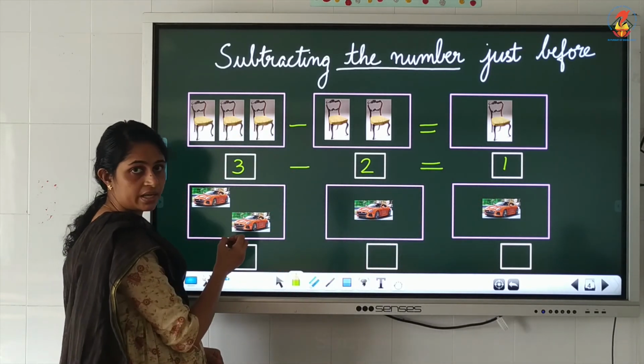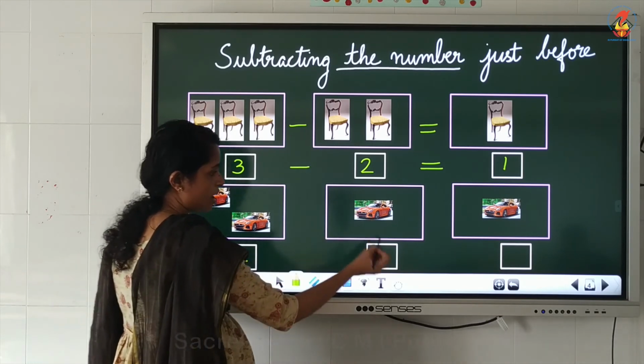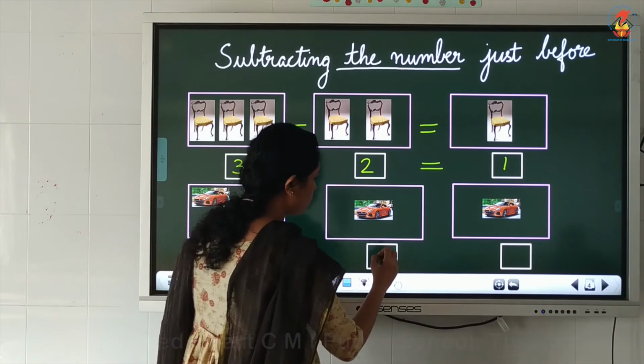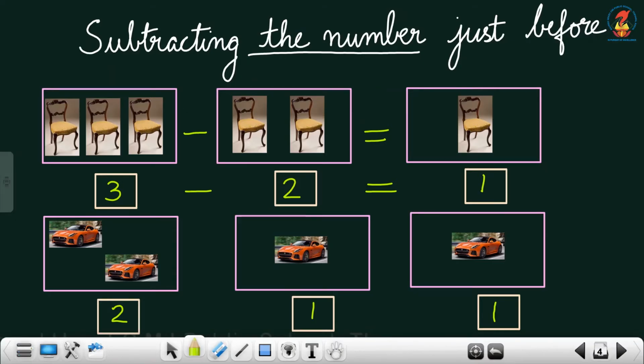Again, the next example. How many flowers are there? 1, 2. Can put 2. How many are in the second box? 1. How many are in the third box? Again 1. That is from 2 we are taking away 1. So 1 is left. We can write it as 2 minus 1. We can read it as 2 minus 1 is equal to 1.